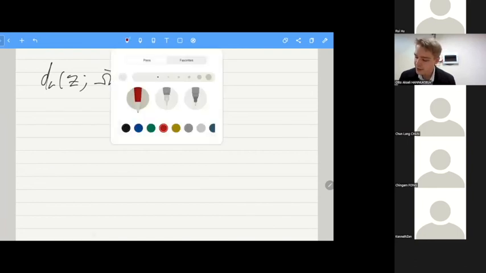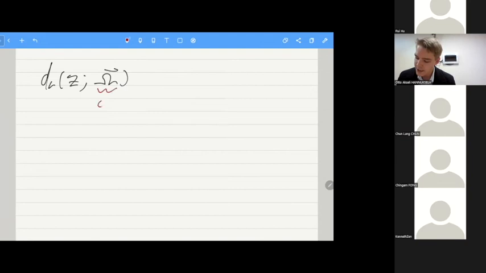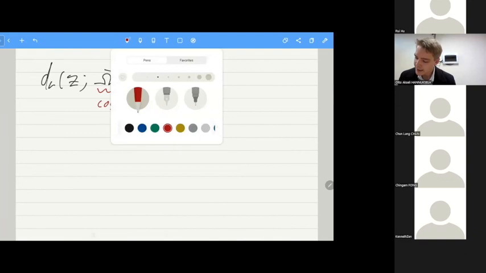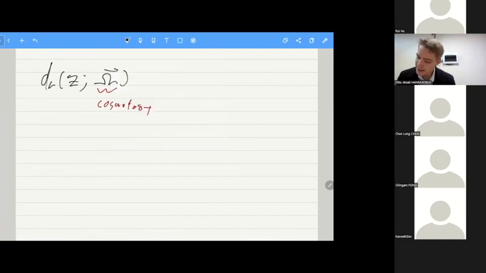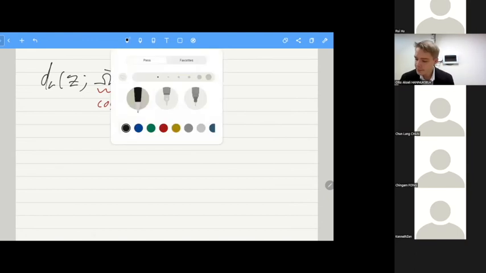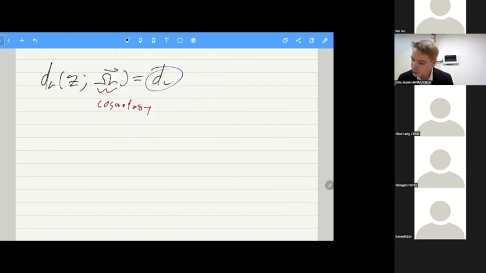So in here, this is a cosmology that you assume. And this is, of course, the same as the luminosity distance. It turns out that with gravitational waves, we can measure the luminosity distance.